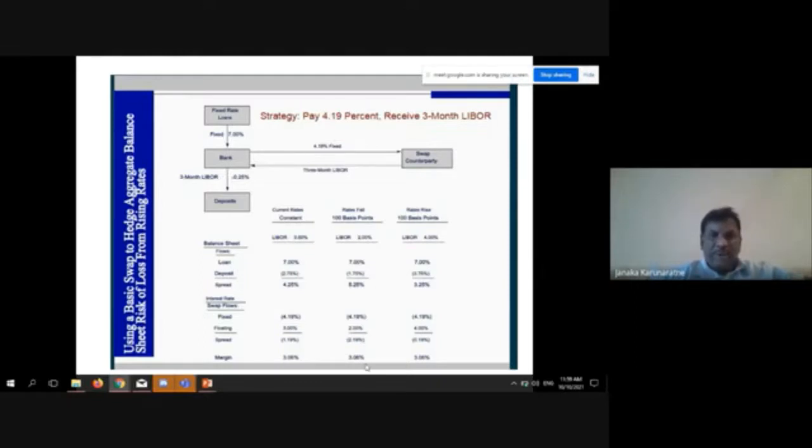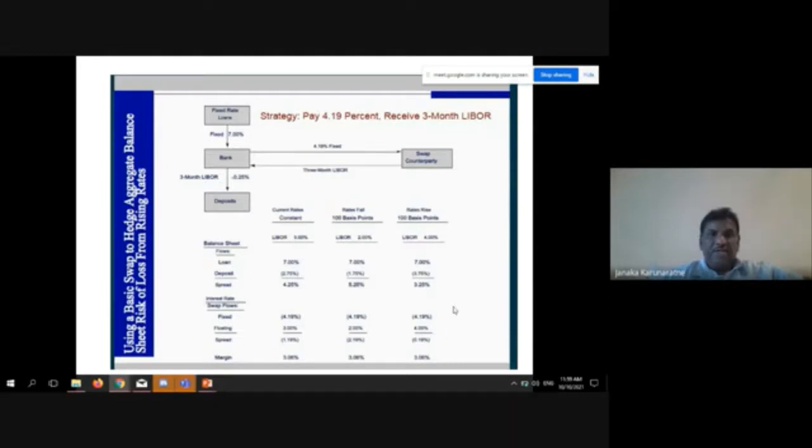But my overall impact would be a 3.06 margin. Then if the LIBOR rate rises by 100 basis points, what happens? I will receive 4%. I will give 4.19. I have a 0.19 negative spread there. And so my final spread will be 3.06.